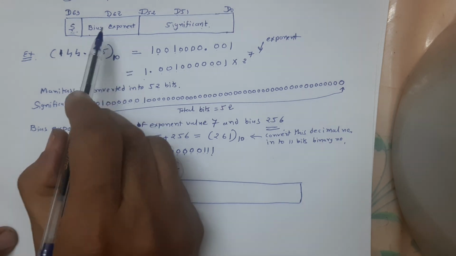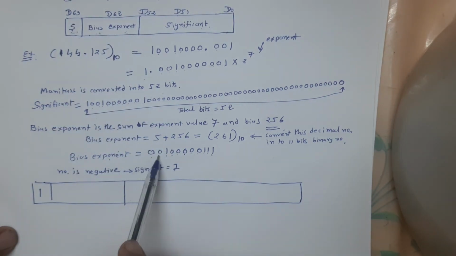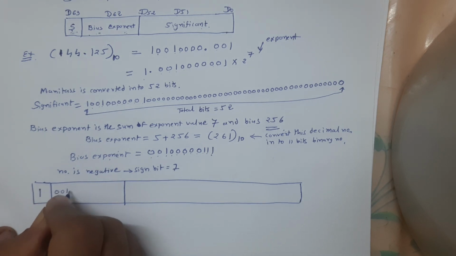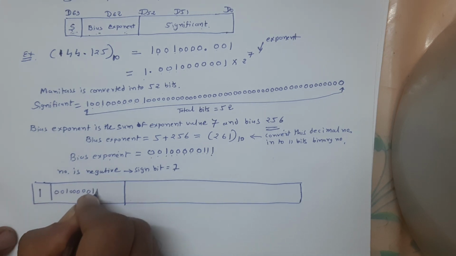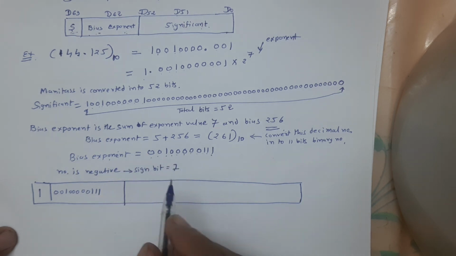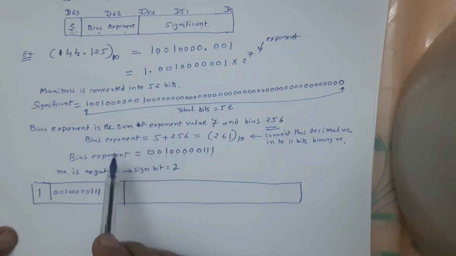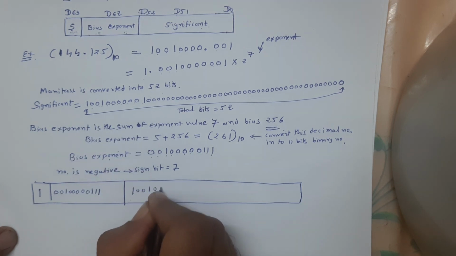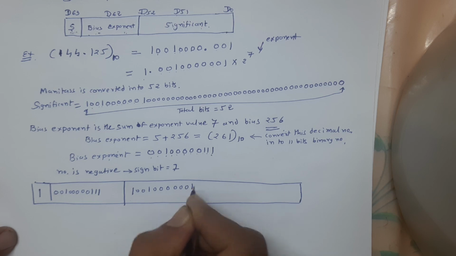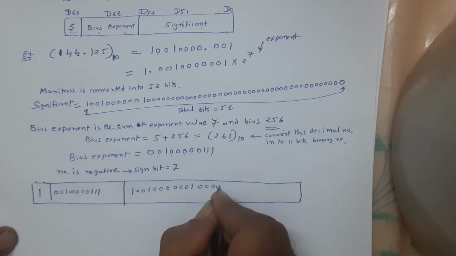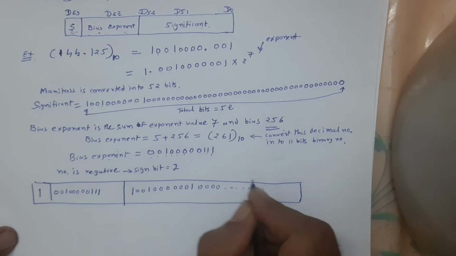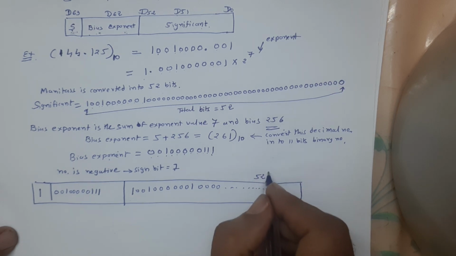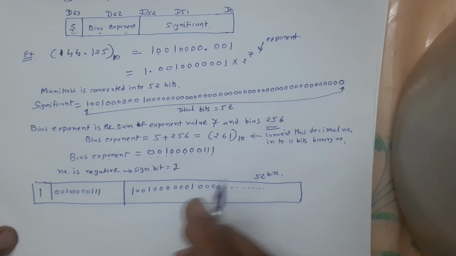Then the bias exponent, write down this 11 bit value. And the last one is the significand, 1001000000 1, and then 0 0 0 0 up to 52 bits, right?